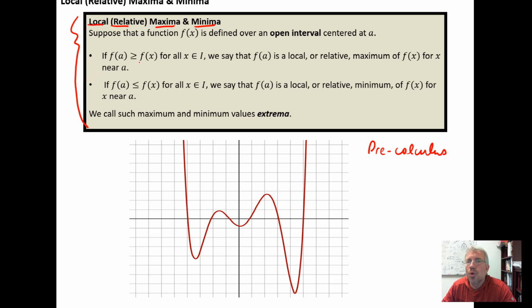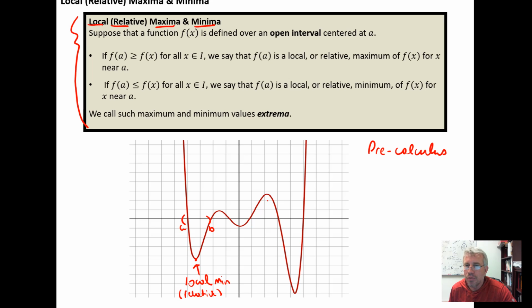But all a local maxima or minima was in pre-calculus was you established an open interval from A to B. And then you looked on that open interval, and if you could find a spot on that open interval that was either the highest point or the lowest point that existed on that open interval, then you had a local minimum or a relative minimum. So those are synonyms. They mean the same thing.